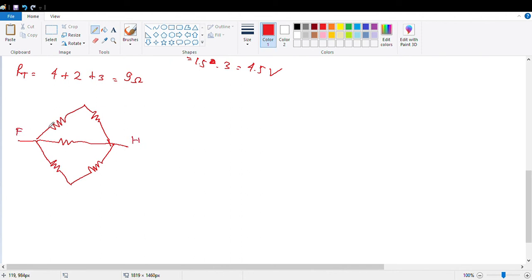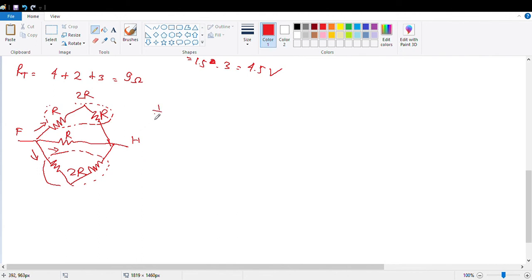And you can see all of this is R, right? So R and R, these two become 2R. This one also becomes 2R. 2R, right?